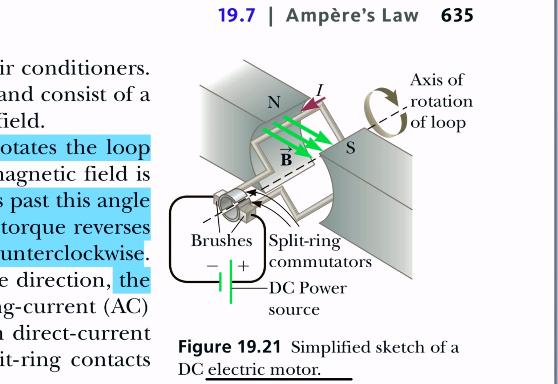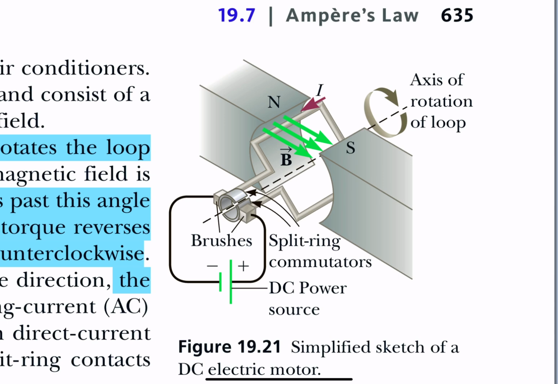So in other words, we have one loop of wire that's in a magnetic field. The magnetic field, by convention, is going from north to south. The current is represented there by the red letter.